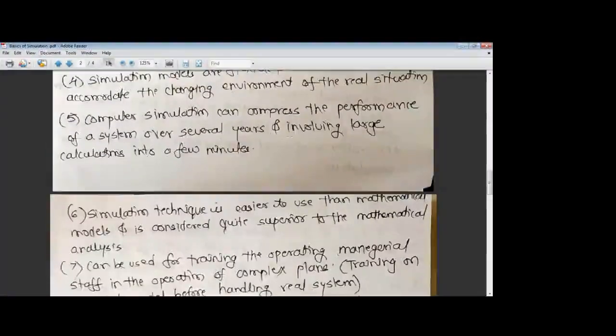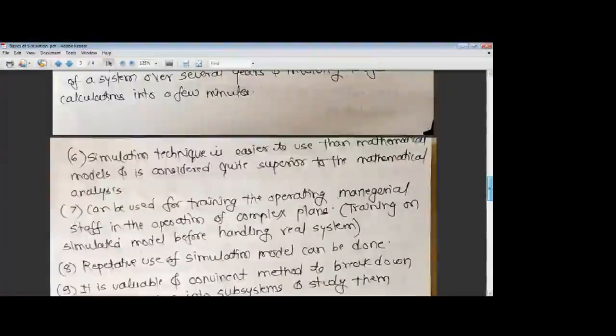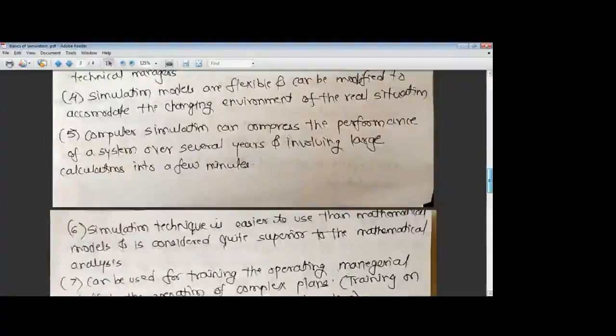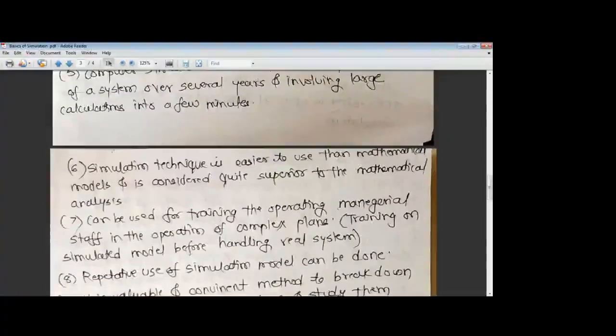So you are going to reduce the time, and when the time is reduced, indirectly the cost is saved. Time is also one of the resources, and it is to be optimized, and computer simulation can be helpful for all that, right?